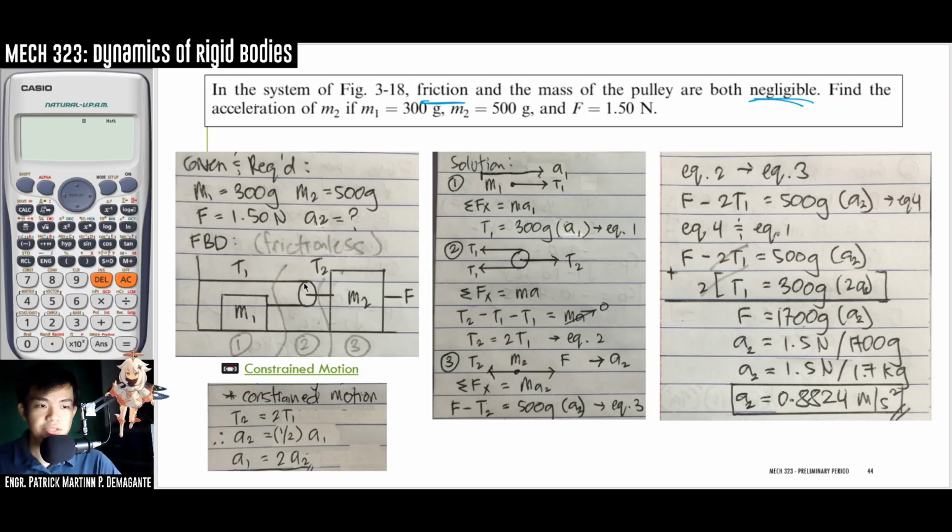So, tension, no? Ito yun. Meron yan tayong tension. Tension, tas may A1 going there. And, so we'll have an equation 1 as 300G times A1. I'll leave that as equation 1. Then, dito naman tayo kay section 2.